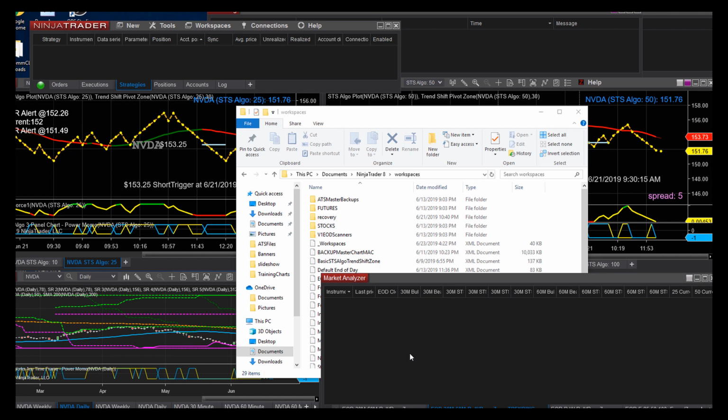In this workspace, you have end of day, 30-minute, 60-minute bull zone, bear zone. This scan runs the end of day price against the bull and bear zone scanners of the chart we were just looking at.